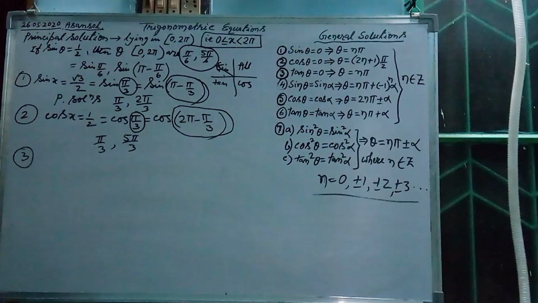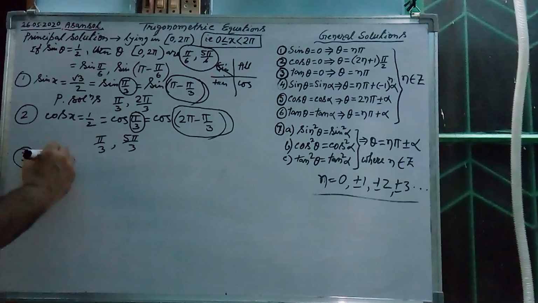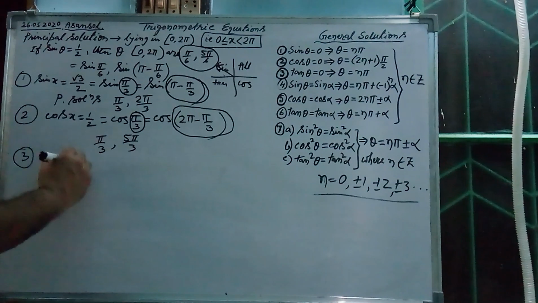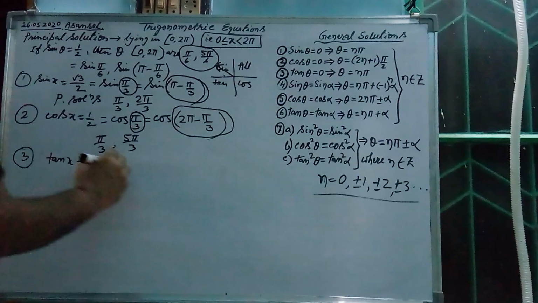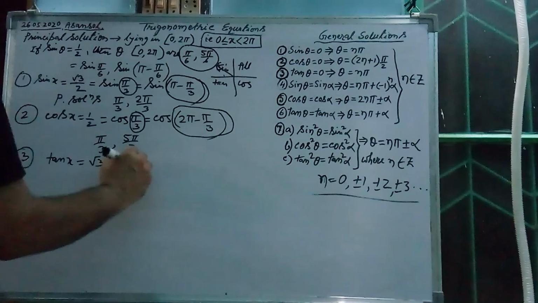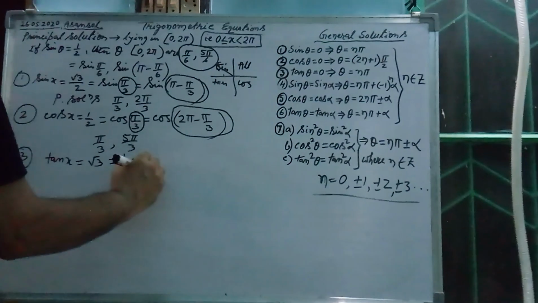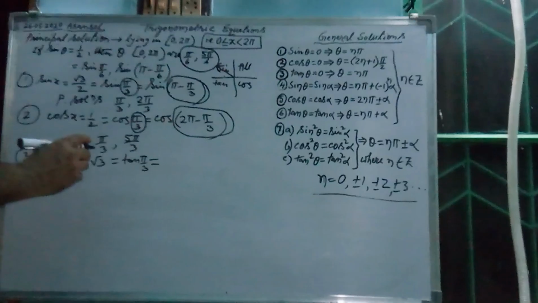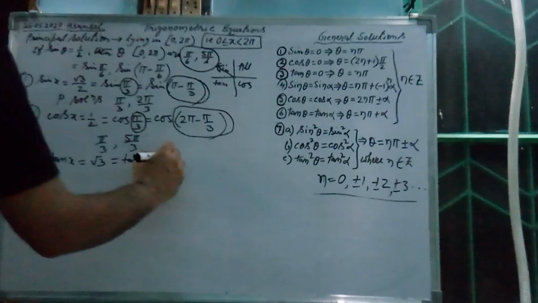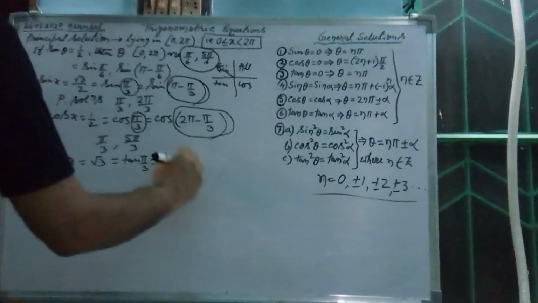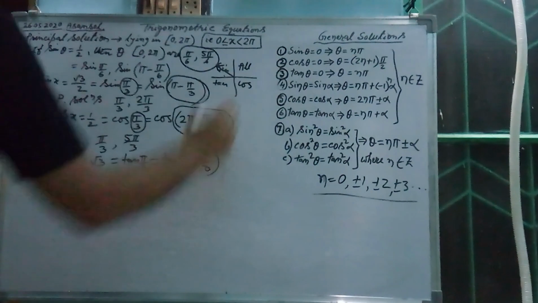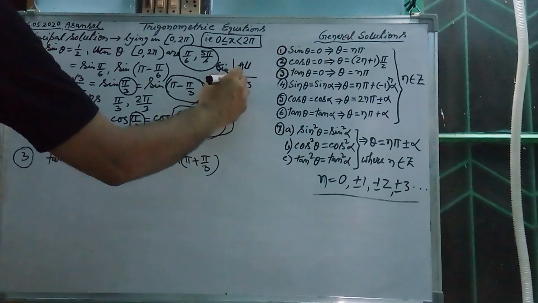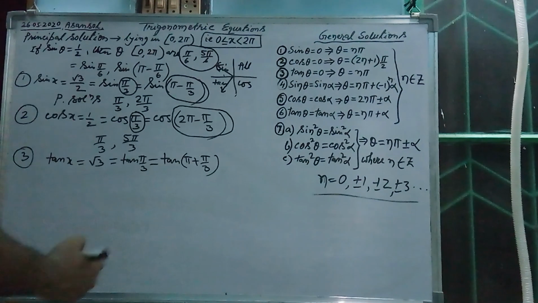Question number 3. Tan x is equal to root 3, which is equal to tan of pi by 3. This tan pi by 3 can be written as tan of pi plus pi by 3. This tan lies in the third quadrant, so you can write it as pi plus pi by 3.